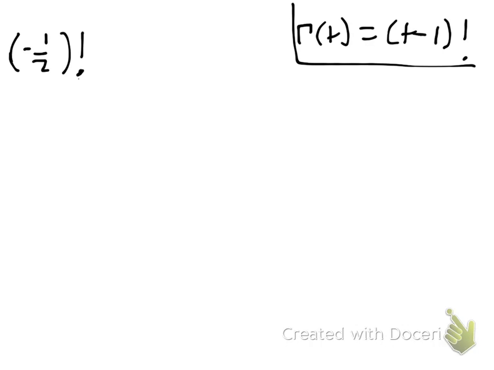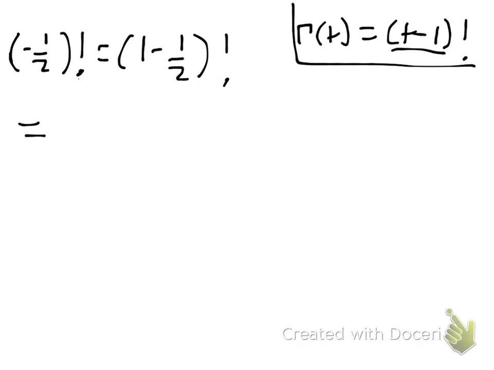Well, let's see. We know that we need it in this form. So negative 1/2 factorial is equal to 1 minus 1/2 factorial. Now we see that in our case, t is just 1.